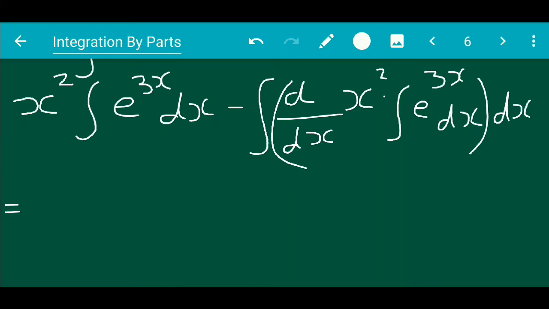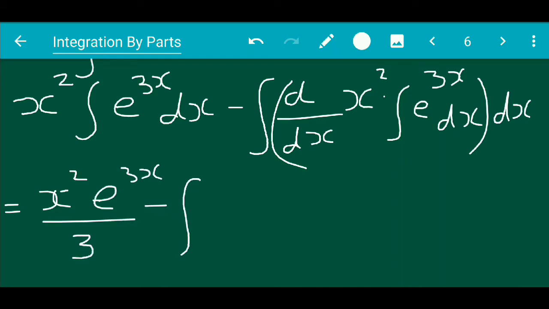Then solving in the same way, the first term becomes x square into e raised to 3x upon 3 minus over here x square, the differentiation of x square is 2x into again e raised to 3x upon 3 dx.